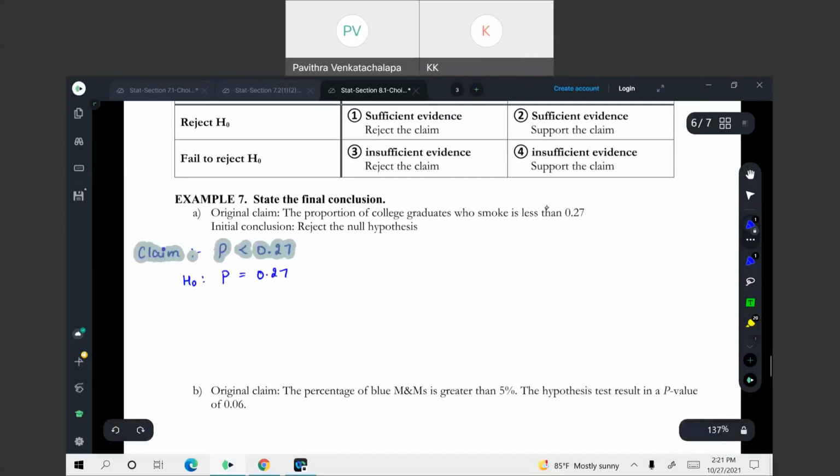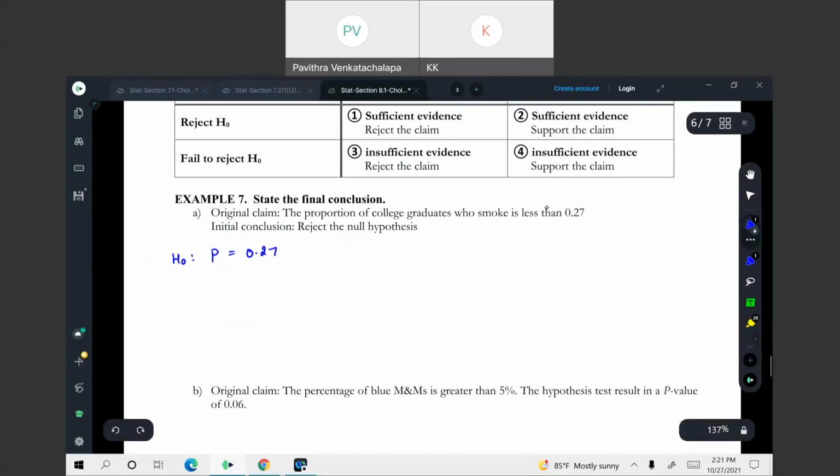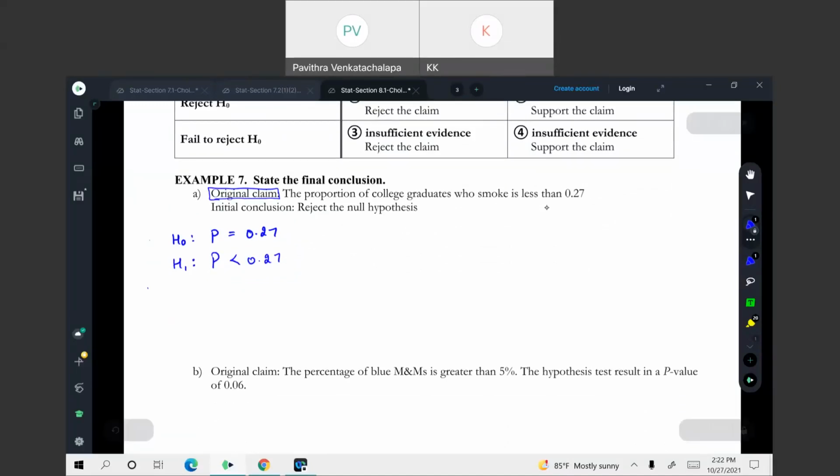We have the null hypothesis, and the alternate hypothesis is H1. Since it is less than, this is the original claim, so you can follow the original claim. So it is less than 0.27. Now, the initial conclusion is rejecting the null hypothesis. How can you write this as a final conclusion?